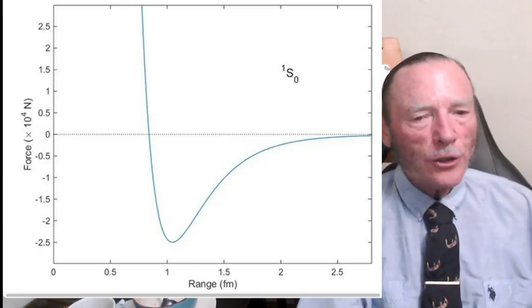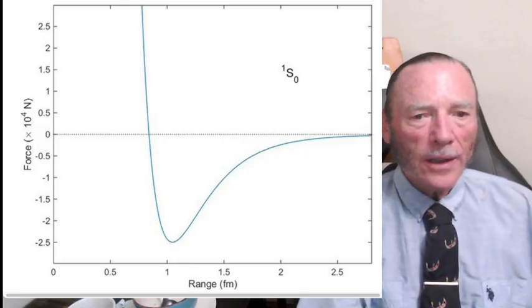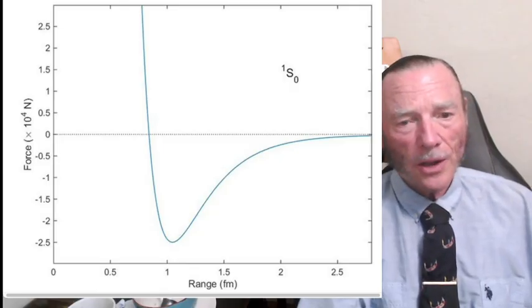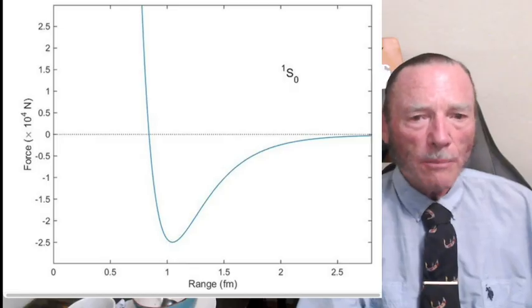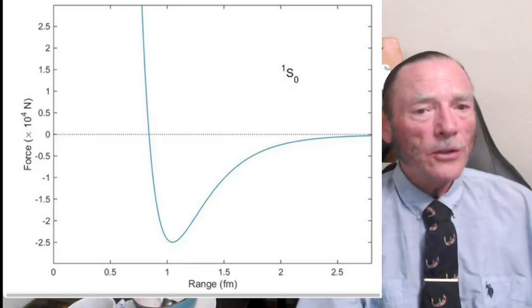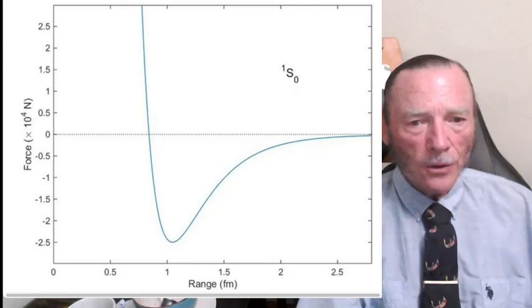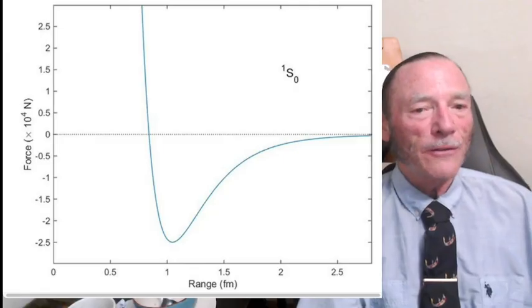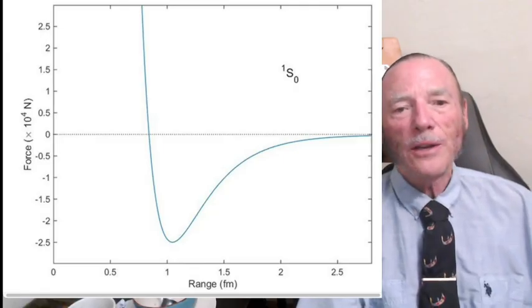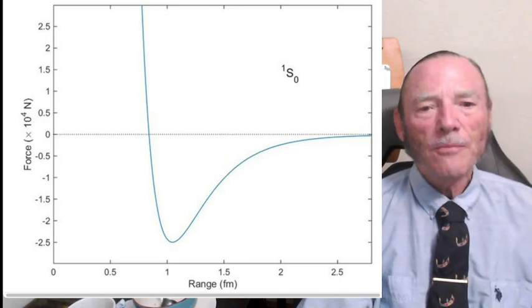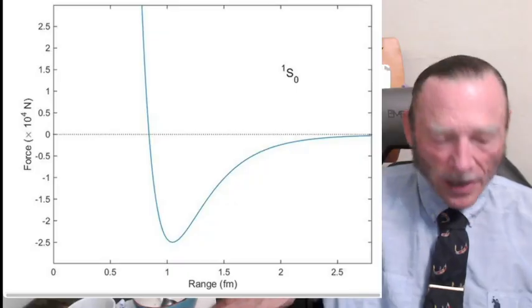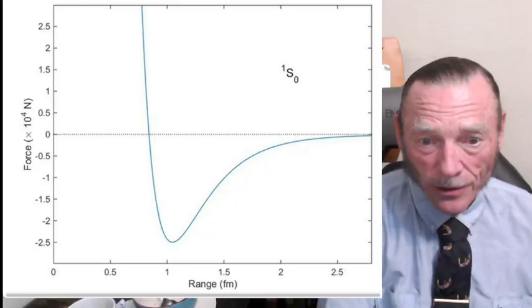Now, the short reason why I recommended that you read the Wikipedia article that goes along with this diagram is that Wikipedia will really soothe your soul. If you're confused, if you're baffled, if you're frustrated, I strongly recommend that you read at least the first paragraph or two of the Wikipedia article on nuclear force, because you'll find out you're not alone. Wikipedia states at the outset that they don't know what anybody is saying.